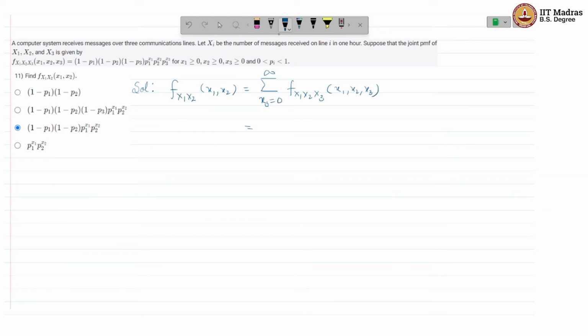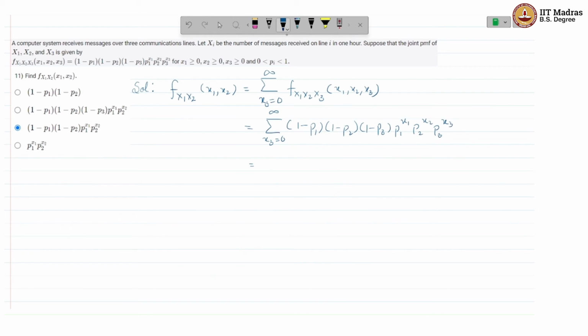Now simply putting the PMF formula given to us, this will be equal to summation x3 from 0 to infinity, (1 minus p1)(1 minus p2)(1 minus p3) p1 raised to the power x1, p2 raised to the power x2, p3 raised to the power x3. Now taking out the constant terms: as x3 is varying, all these terms are constant.